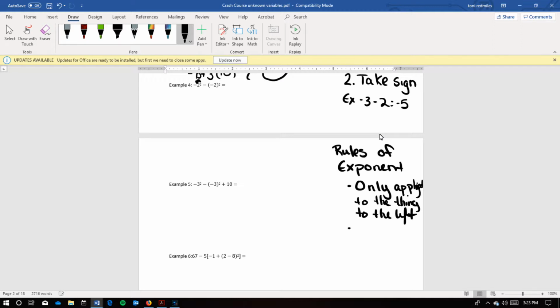Now there is one exception, and that is if the thing to the left is a parenthesis, then it applies to everything inside the parenthesis.